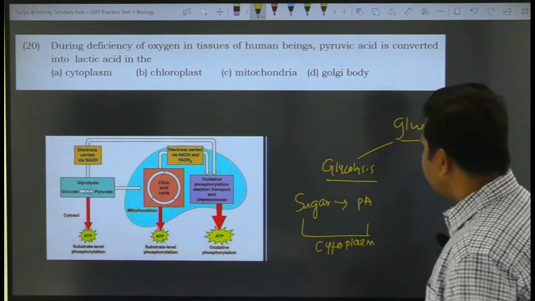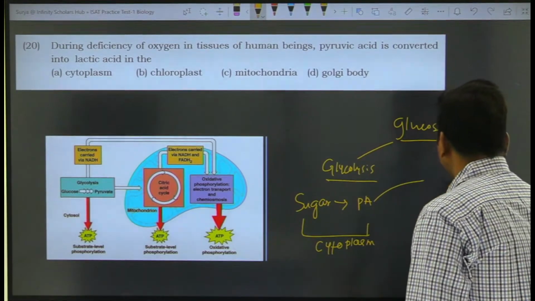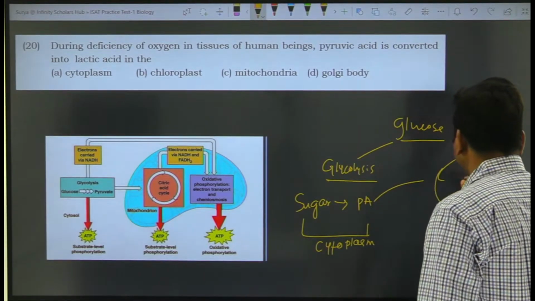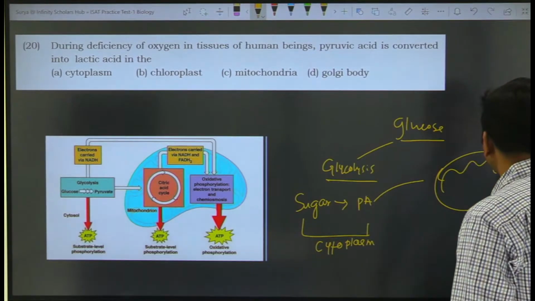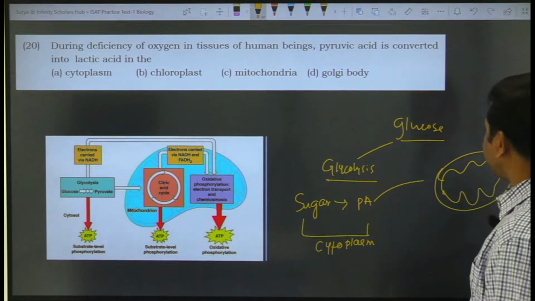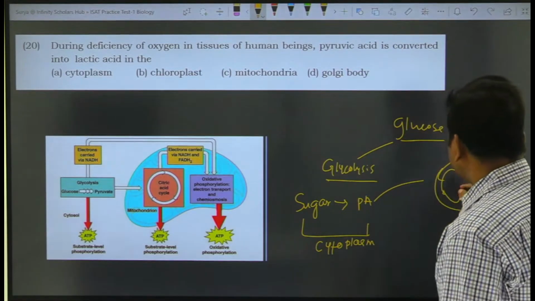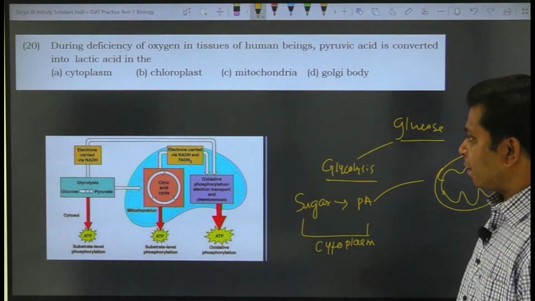Okay. Then once this step is completed, the pyruvic acid goes to the mitochondria. So, mitochondria is a double layered membrane. Inside that, there are 2 pathways that take place. What are those pathways?